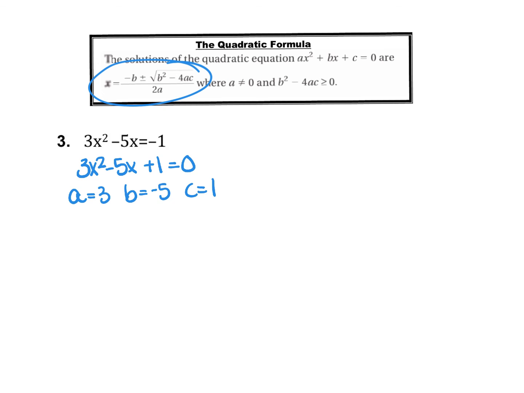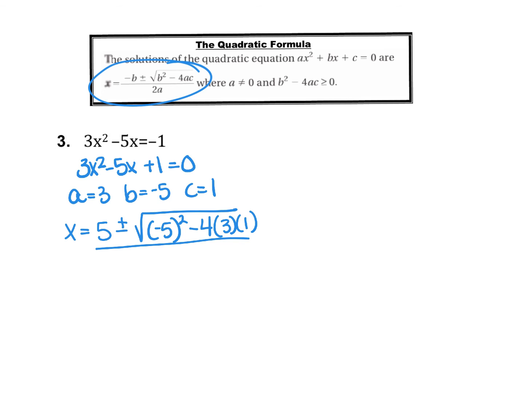So we'll have -b, so -5, that makes that a +5, plus or minus the square root of b squared, and again, our -5 has to be in parentheses here, minus 4 times 3 times 1, and then we're going to divide that by 2 times 3.